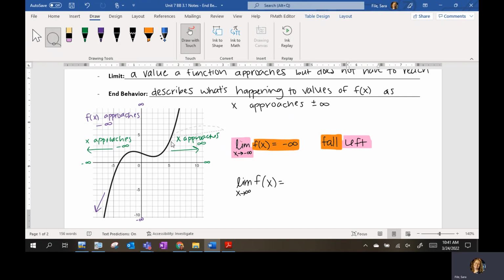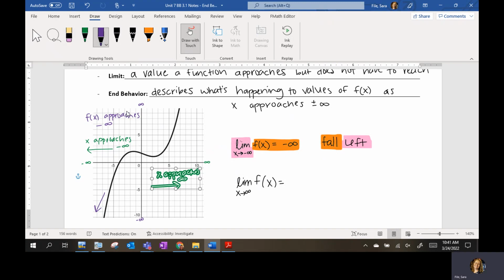It's getting a little crowded up here. As we go to the right, what's happening to f of x? Rising, right? So f of x approaches infinity as well. So this limit is infinity.